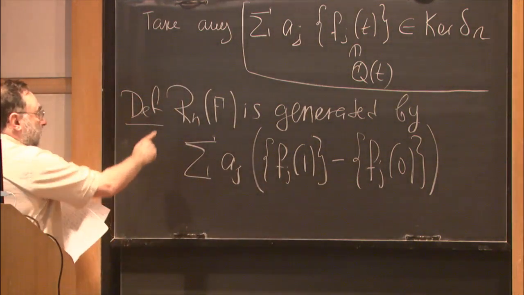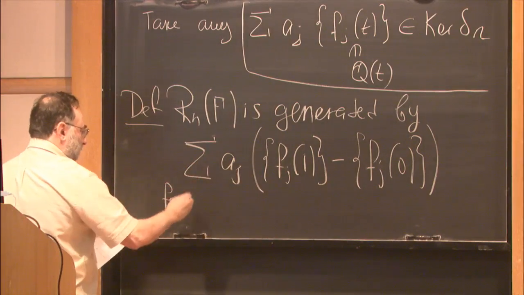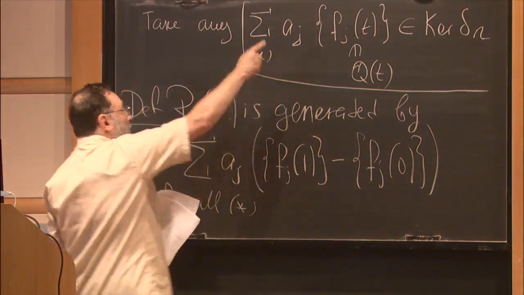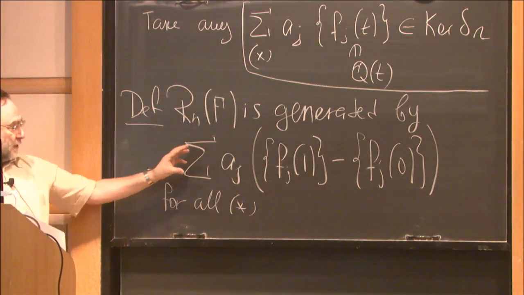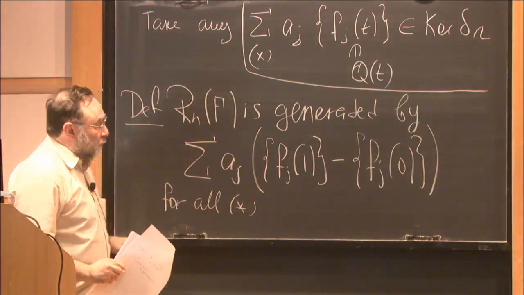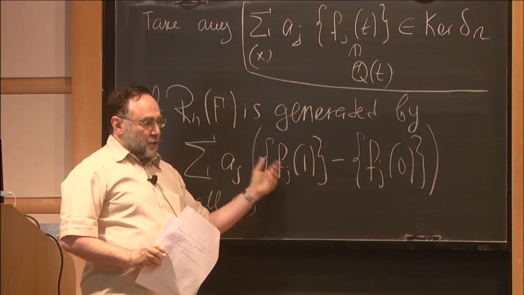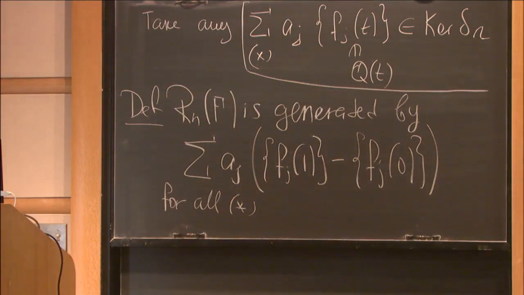So by definition, Rn of F is generated by those for all elements in the kernel. Let me call expressions like that a star. For all elements like that, you take differences of their specializations at 2 different points. These are rational functions, so if this specialization happens to be infinity, you just put 0. It's another part of this definition.